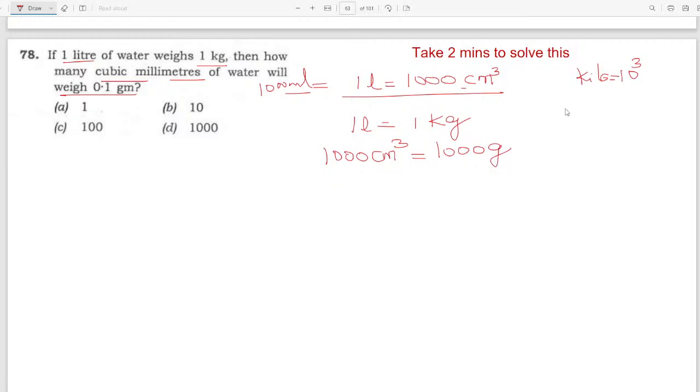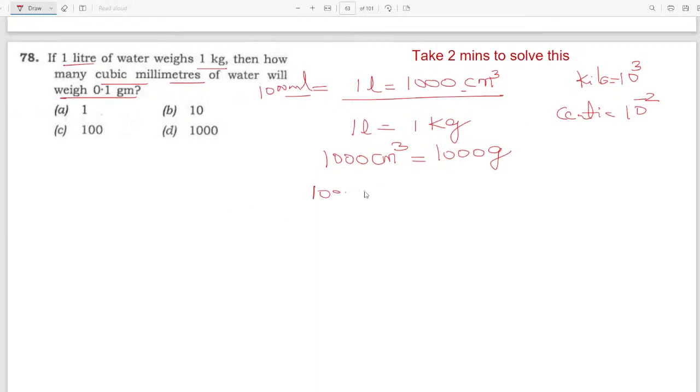Now this centi means 10 raised to minus 2. So I'll write this as 1000 into 10 raised to minus 2, whole cube, into meter cube, which is equal to 1000 grams. Now I need millimeters. Milli is 10 raised to minus 3.